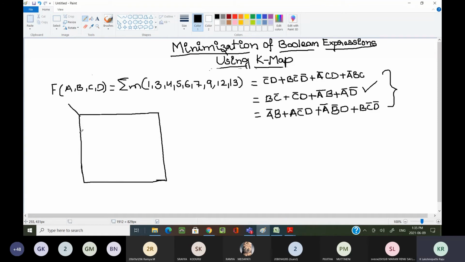Okay, now I am drawing a 4 variable, 16 cell K-map.